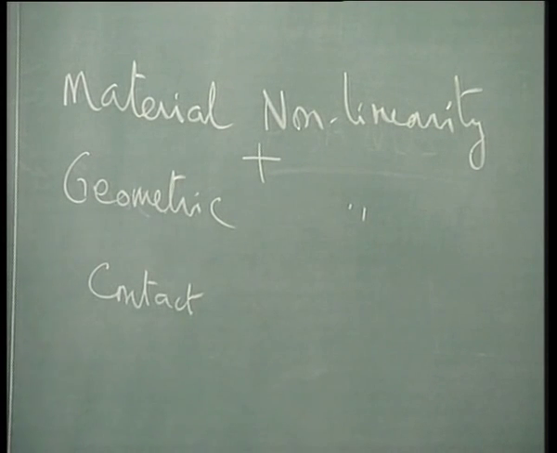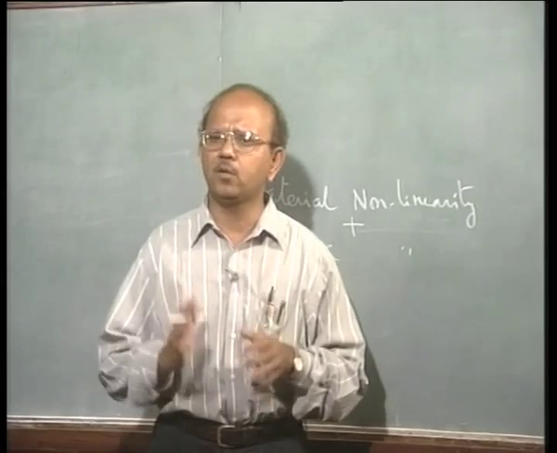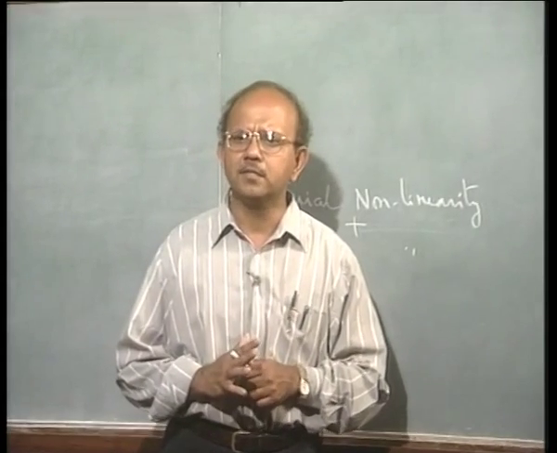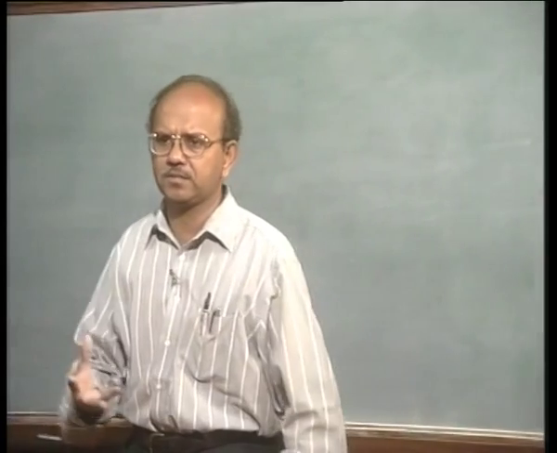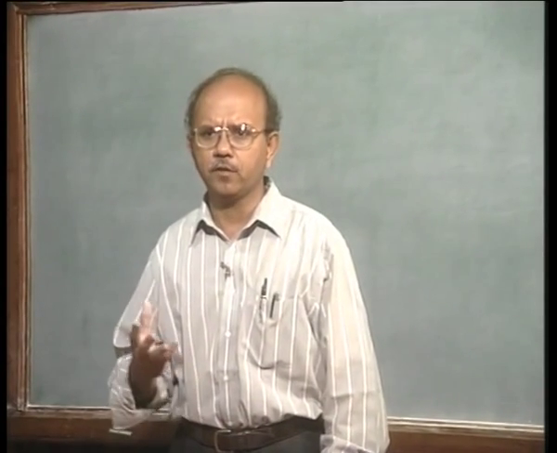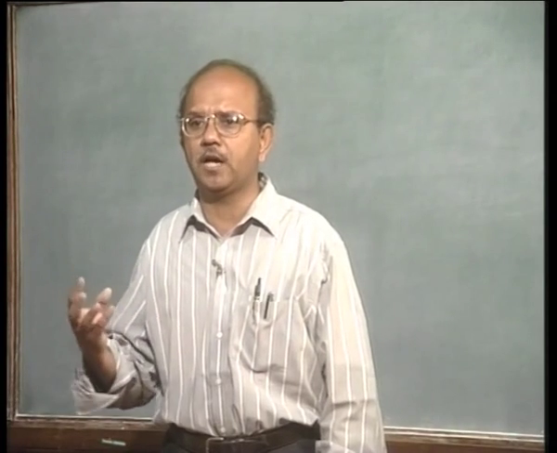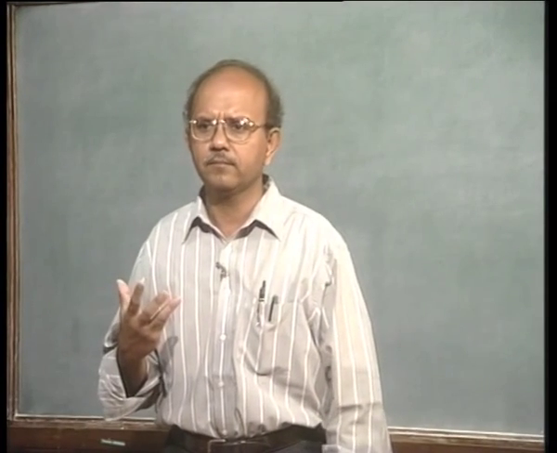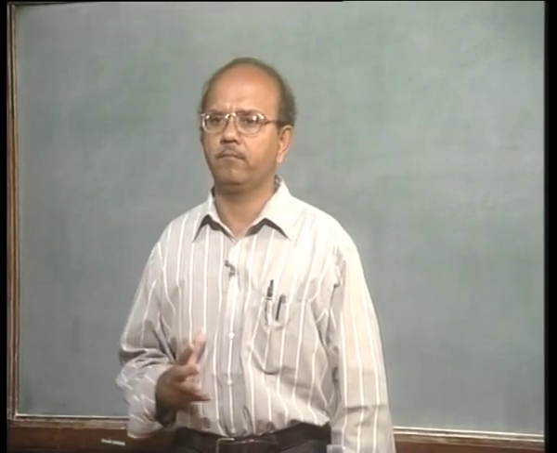Now there is always a question, these are very practical things which I am going to talk about. There are always some questions as to what you exactly mean by material nonlinearity, because for example if there are going to be plastic strains, immediately I know that the strains are much larger than the elastic part, then what do you mean by material nonlinearity alone?